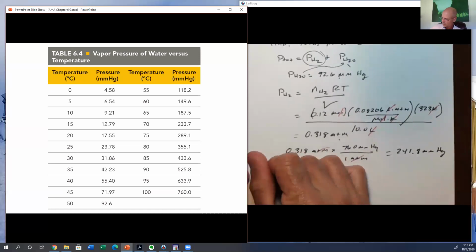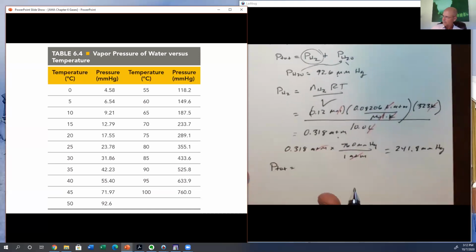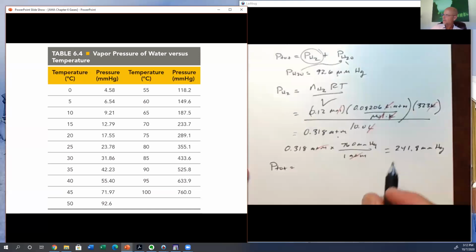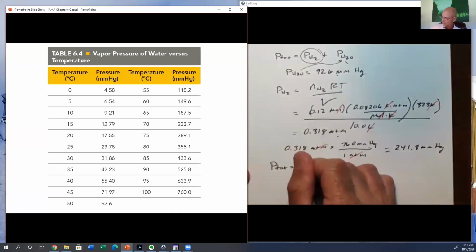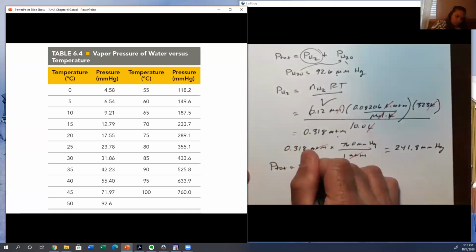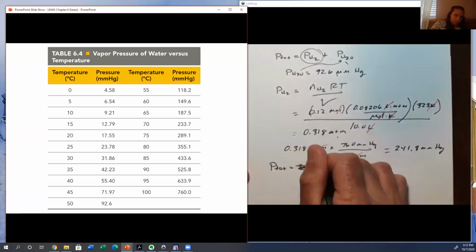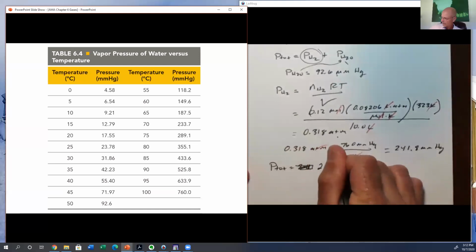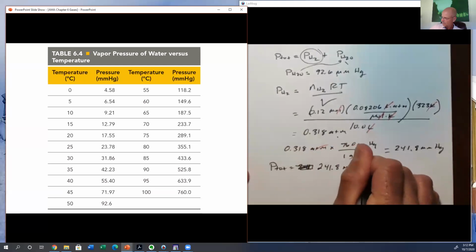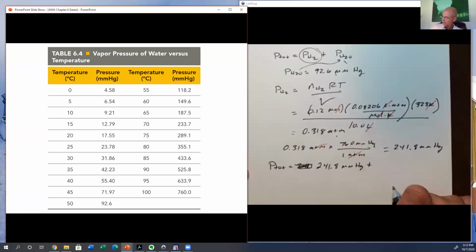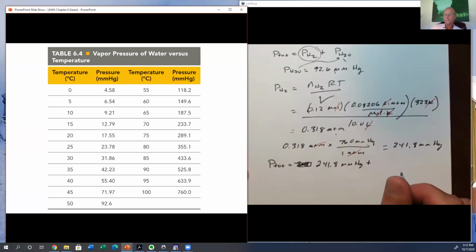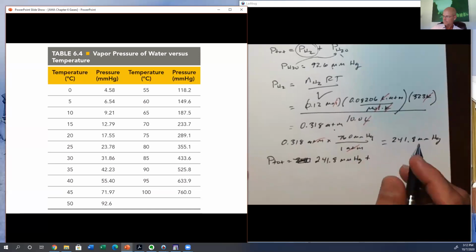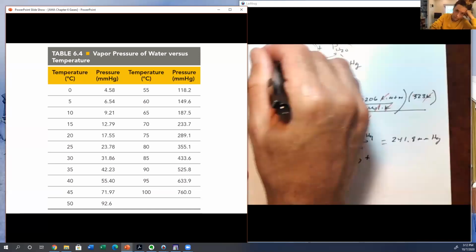So my total pressure is going to be equal to the pressure of hydrogen, which we just calculated, 241.8 millimeters of mercury, plus what? 92.6.